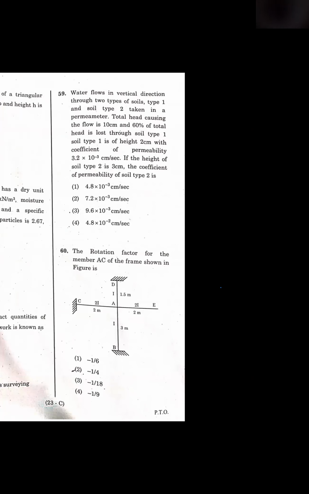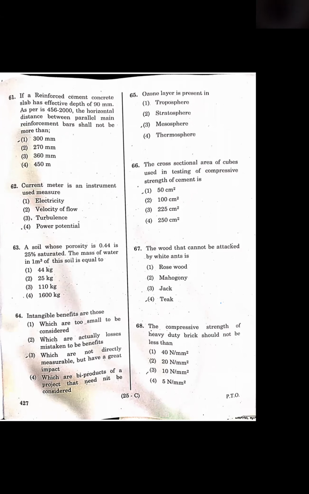Now, if a rectangular concrete slab has effective depth of 90 mm as per IS 456, then the horizontal distance between the parallel main steel bars should not exceed 300 mm.